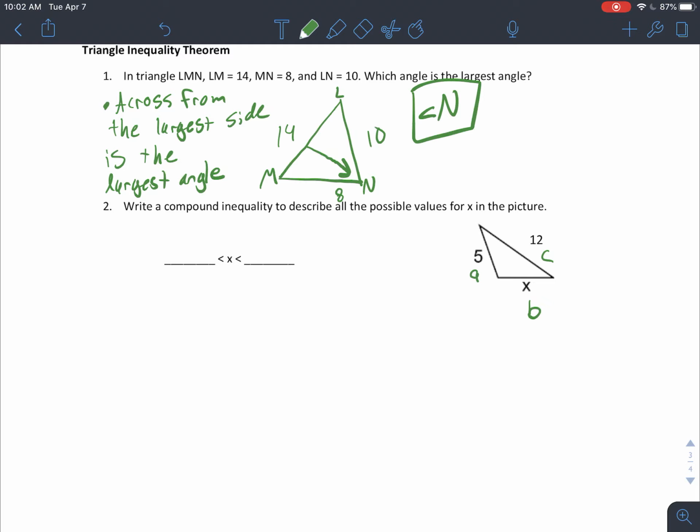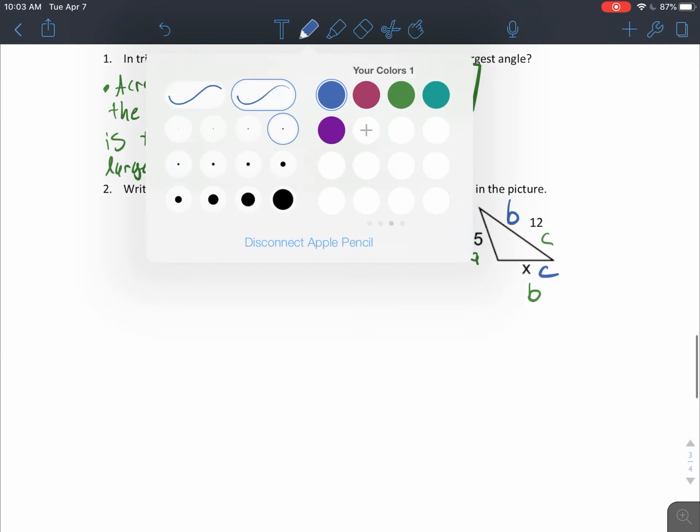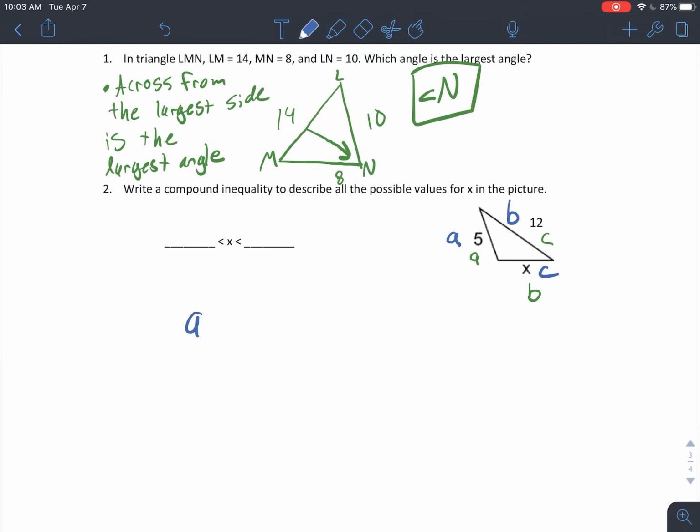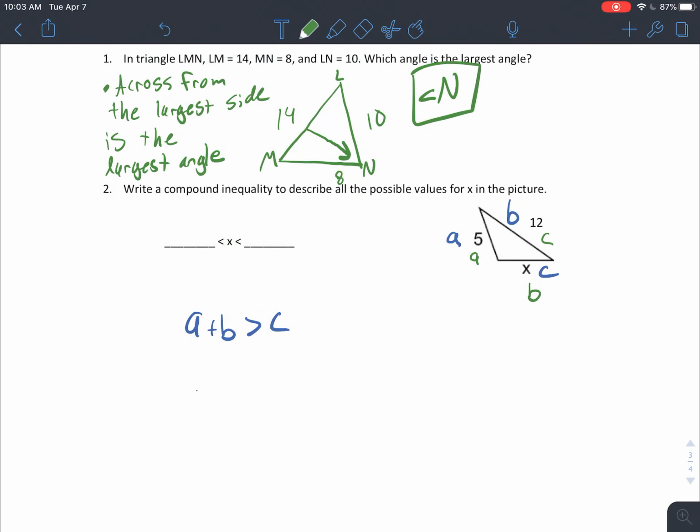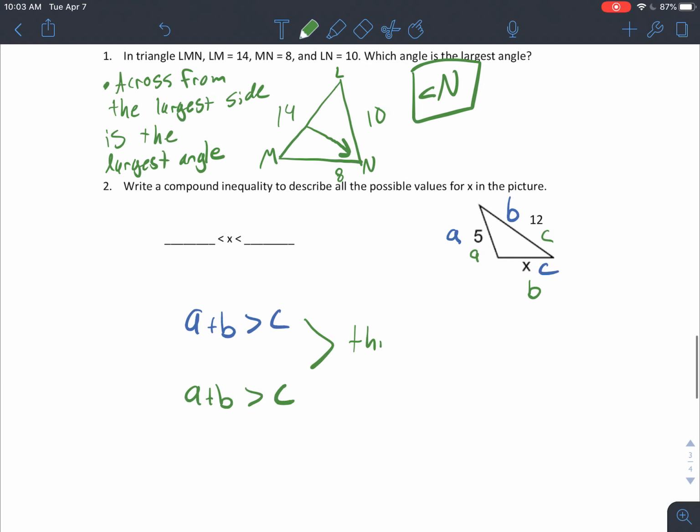There's another possibility that we could have A here, B could be 12, and C could be X. So there's two different possibilities here. Either way, in order for it to be a triangle, A plus B has to be greater than C. This is the only way to make a triangle.